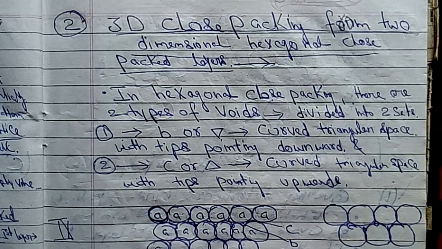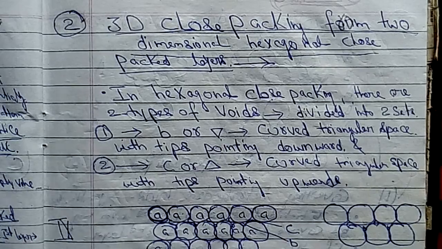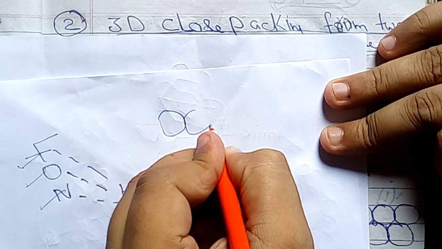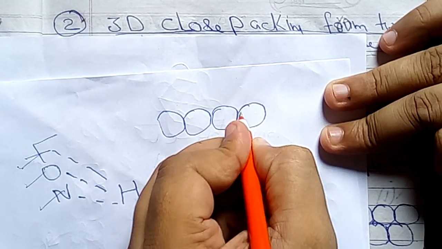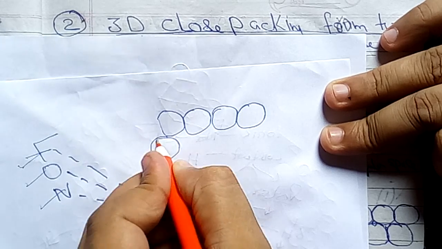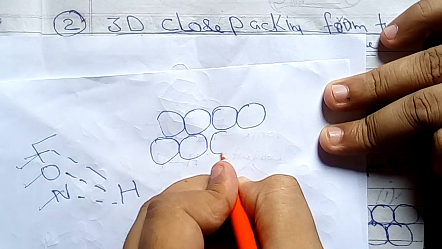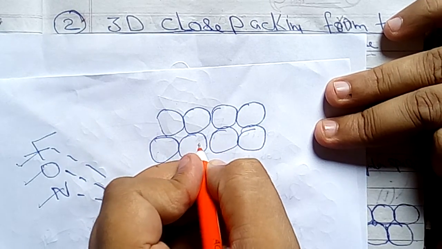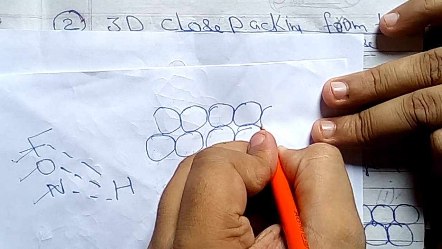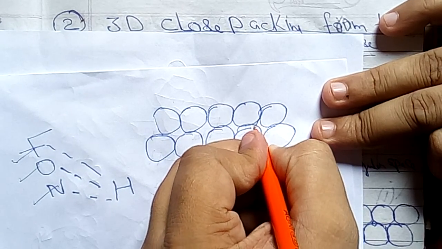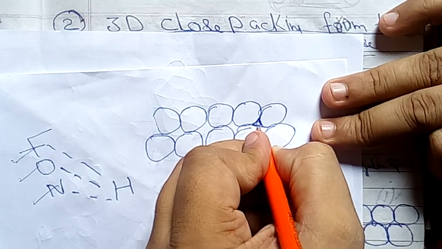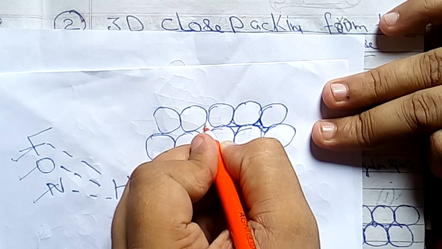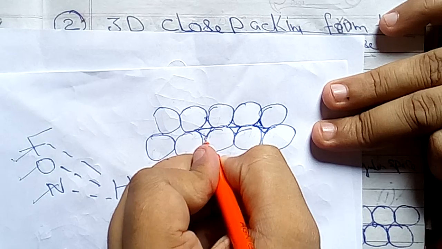Now try to understand how the tips are being generated. So if we draw the spheres, what do we get? We get two types of tips. One here, another one here. So two types of tips are generated, one pointing upward, one pointing downward, like this.